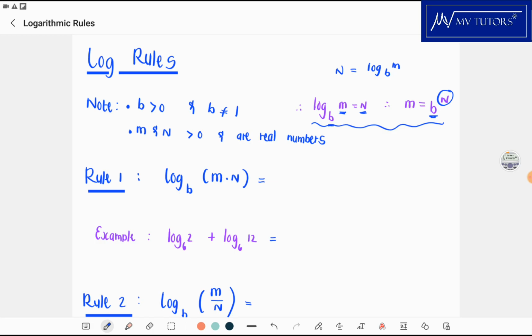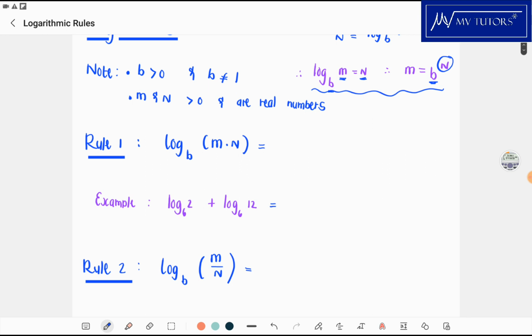Now let's go to the first rule. All right, and you can see with this dot over here, which means product, okay? So basically this is the product rule. And this rule, what does it tell us? It says that the logarithm of the product is the sum of the logarithms of the factors. What does it mean? So I have log m times n base b.